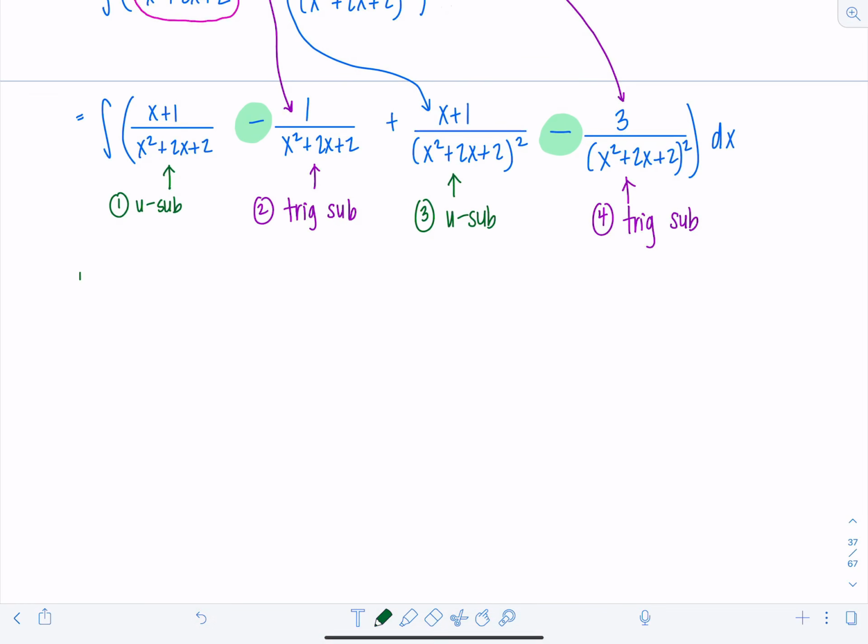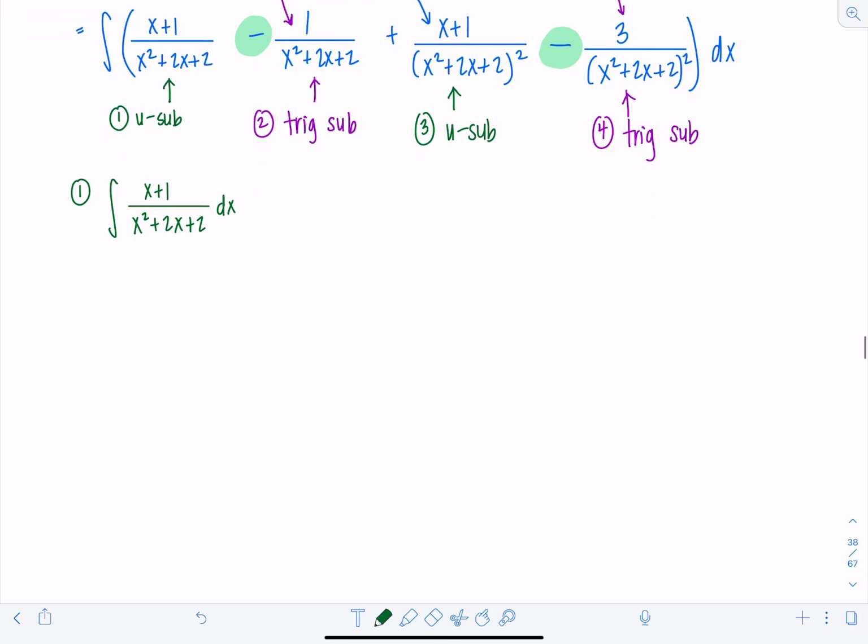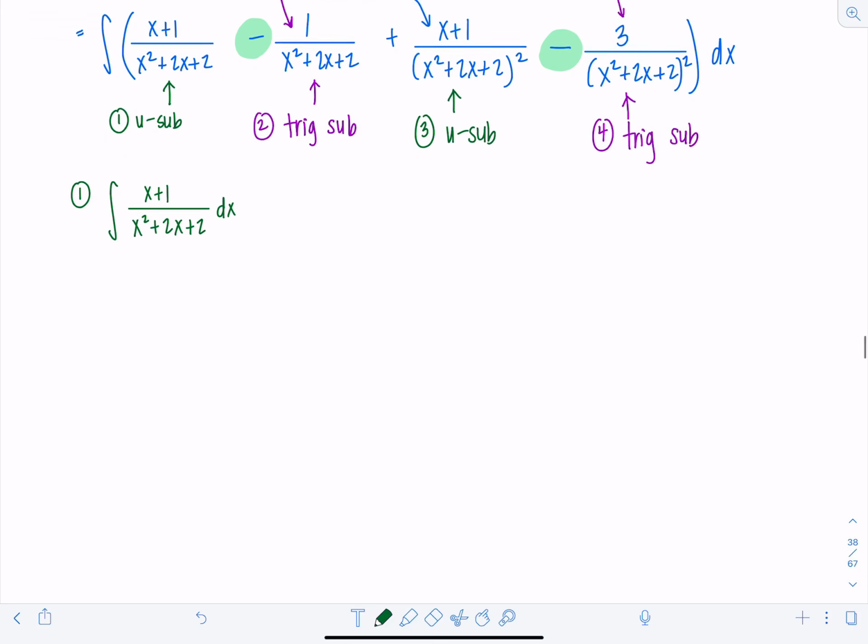Integral number 1. We've got x plus 1 over x squared plus 2x plus 2 dx. Remember, we did all the prep work for this already because we created this perfect scenario. Since u is x squared plus 2x plus 2, du, well, we already know 1/2 du is x plus 1 dx right here.